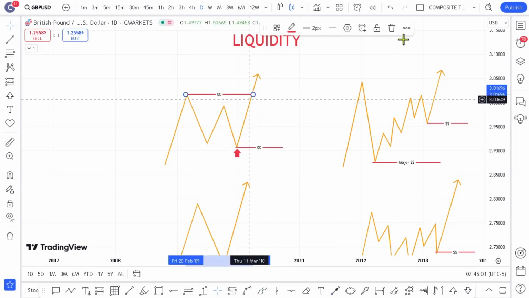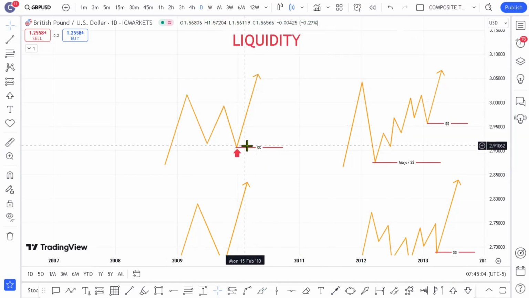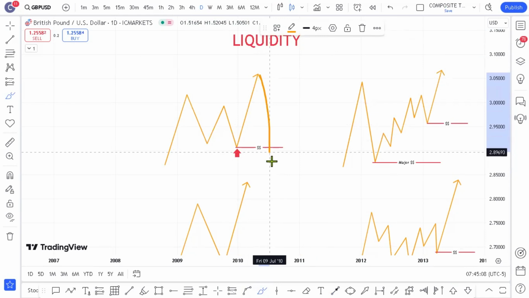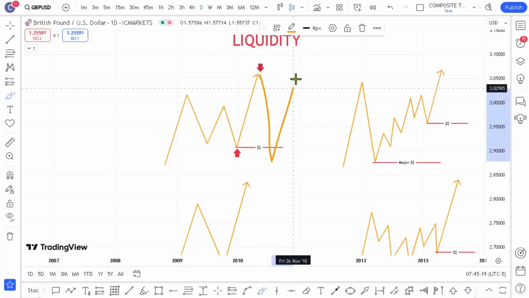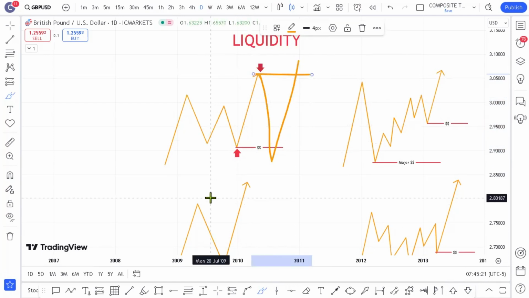So if you're identifying liquidity, this is the liquidity zone you want to see. Price first comes down, collecting that liquidity. Once it's done with the money, then you know where the liquidity is now. The liquidity is up here for those who are selling.